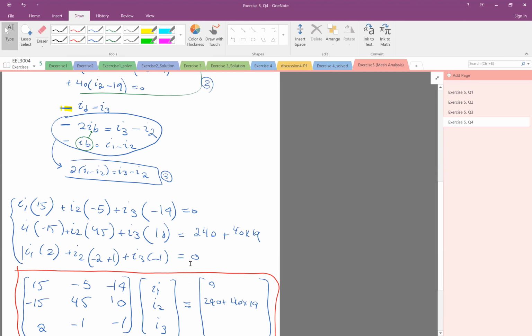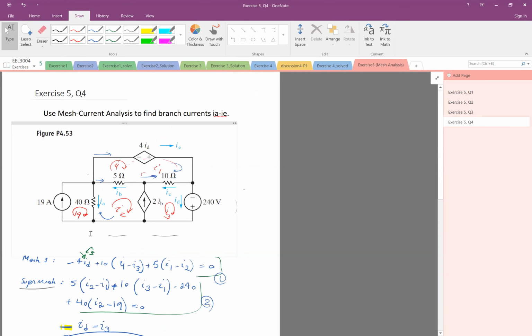And after finding I1, I2, I3, you can go back here, because originally they wanted us to find the branch currents. So let me just write the relationship. IE is equal to I1, based on the mesh currents.